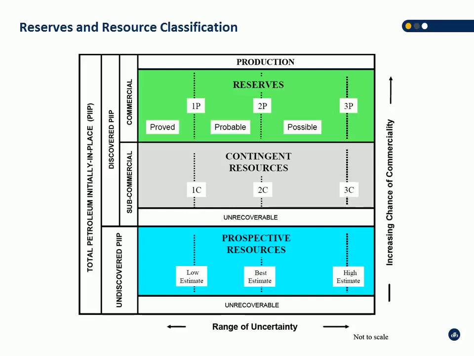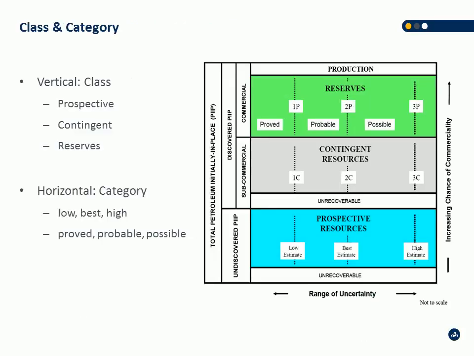That means 80% of the time you're going to get full 1C, 2C, 3C volumes that you've determined for that category, but 20% of the time you're going to get nothing, because it's a binary switch. That's the difference between uncertainty, which is a gradation of, in this case, volumes, versus risk, which is a binary switch.